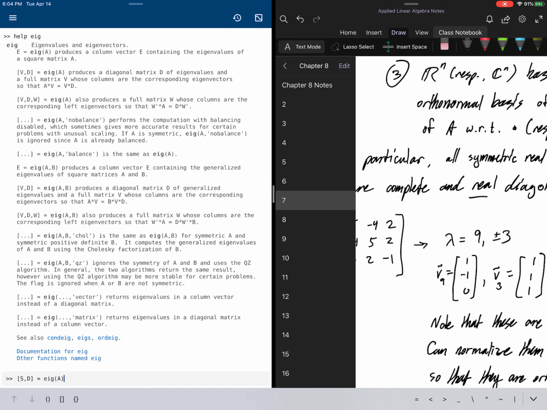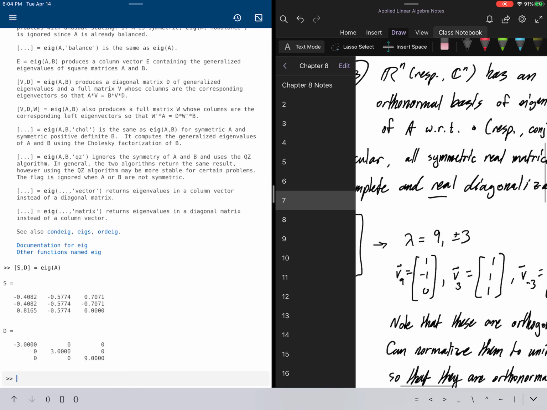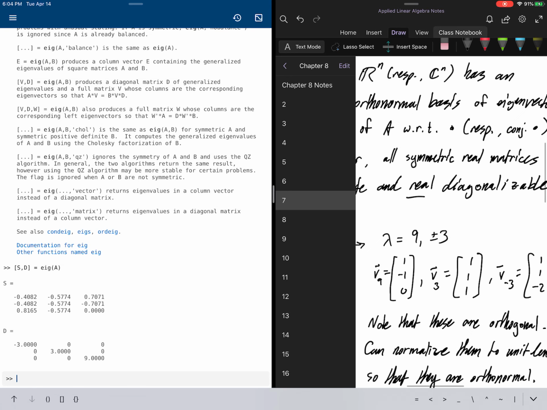So [S, D] here is going to be eig(A), and it goes ahead and it actually computes that entire suite. So it does this all without us having to compute null spaces. So feel free to use this overloaded expression to create your eigenvector bases if you would like.